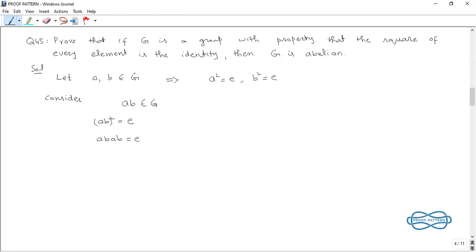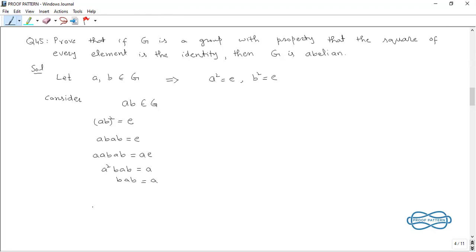If we pre-multiply both sides with a, we get a squared, but we know that a squared is identity, so this is equal to bab.